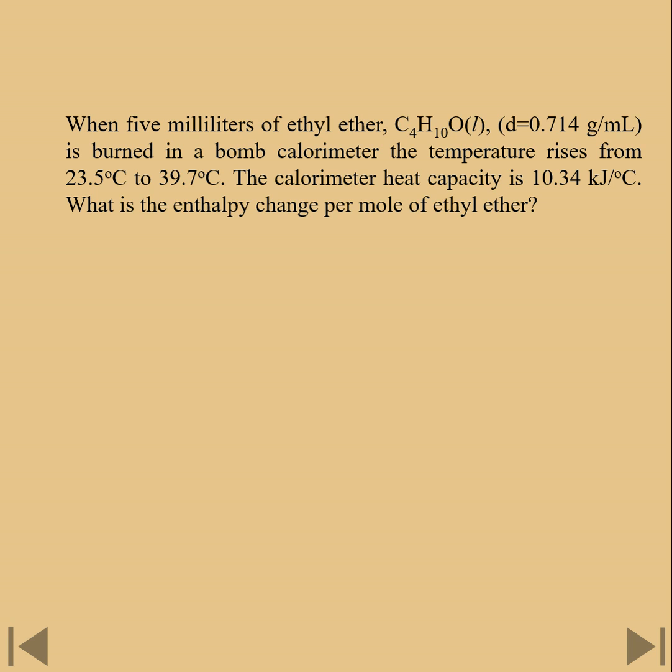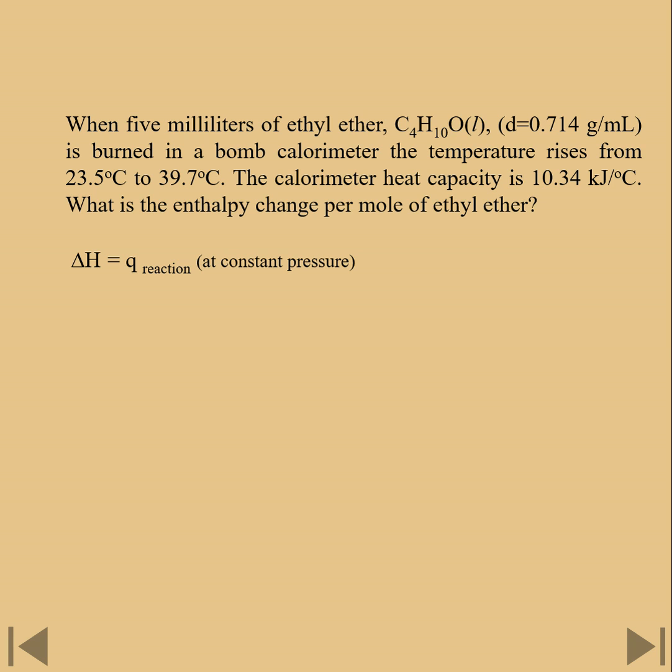Their temperature rises from this to that. The heat capacity is given. What is the enthalpy change, actually just specifically per mole of ethyl ether? All right, well, our primary equation, delta H of the reaction equals Q of the reaction.